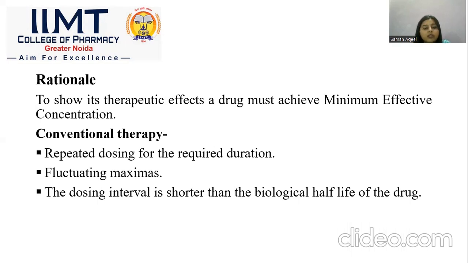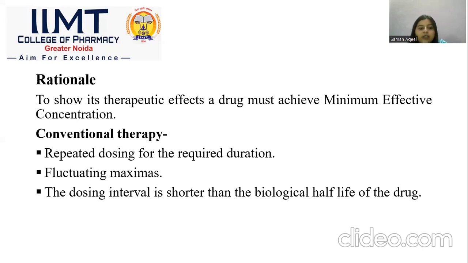Now, to show its therapeutic effects, a drug must achieve the minimum effective concentration. Minimum effective concentration is the MEC, which is the minimum concentration of any drug to show the therapeutic effect or therapeutic action. Now, in the conventional therapy, first is the repeated dosing: we have to give repeated dosage forms for the required duration.